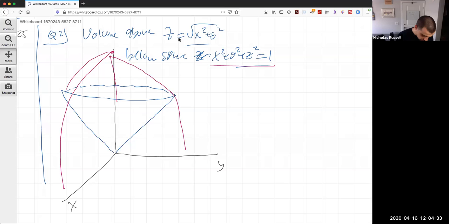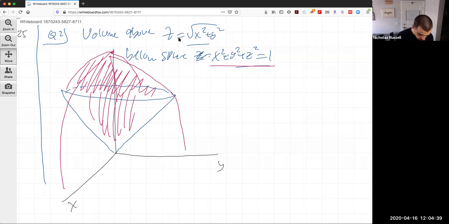It creates like this ice cream cone, because it's below this cap. It's getting capped, and then it intersects the cone at some point. So it's like an ice cream cone. You have the cone, and you have the ice cream top. And my goal is to find the volume of that.